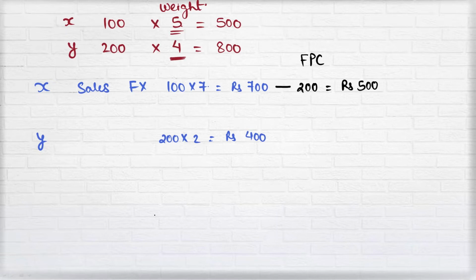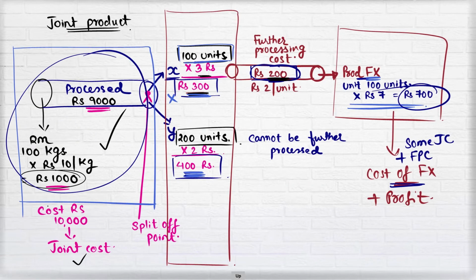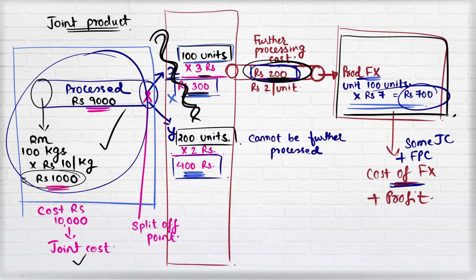So what is this answer? Rupees 500. Now try to understand. We started with this. We reduced this 200 rupees. So ultimately I am getting value at this stage. Are you getting it? I started with final stage, but then I reduced further processing cost. So ultimately what I am getting is a sales value at NRV.